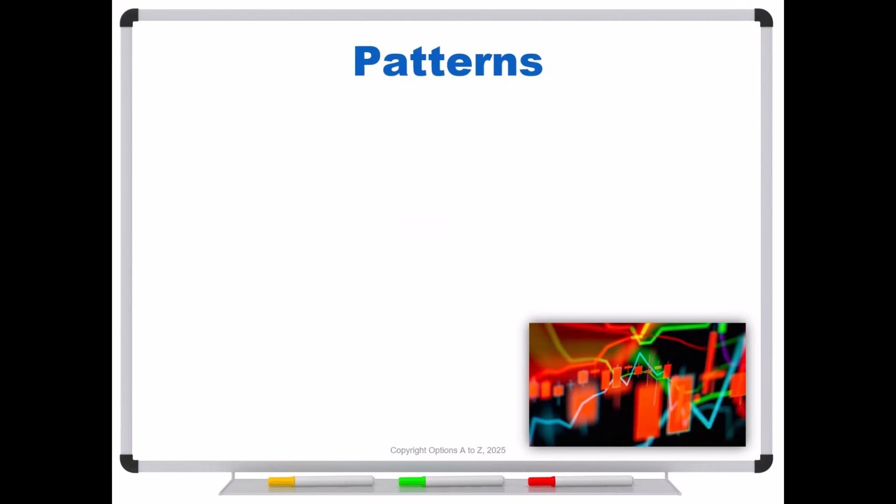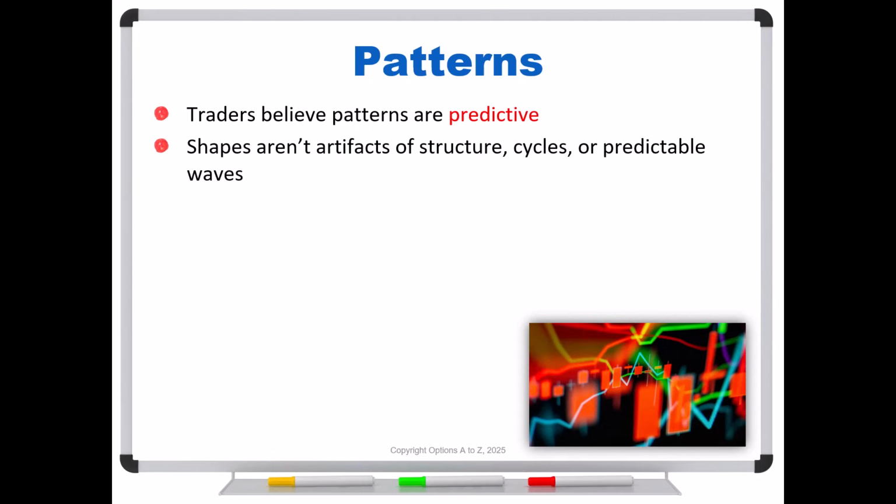So, patterns. Yes, traders believe that patterns are predictive, but the shapes aren't artifacts of some type of deep-seated structure, cycles, or predictable waves. Instead, these patterns arise from randomness and volatility. Those are the only two things that you need, and we're going to find out why in just a little bit.